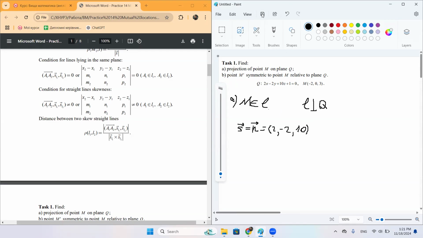But by the way, we can even divide it by 5, so let's do it. I will write it in the following way: the normal vector is this. I will move 2 out of brackets. So the direction vector is the next.